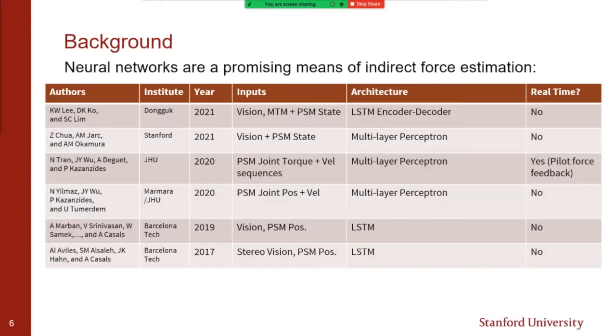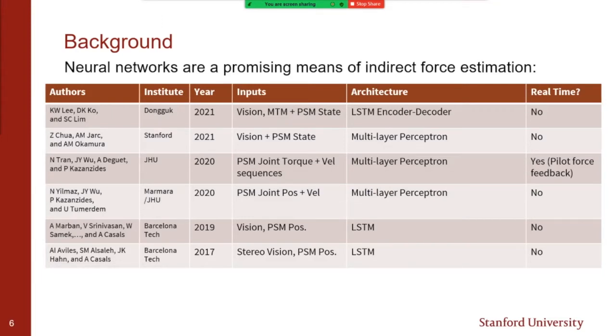Of the methods proposed for indirect force estimation, I think neural networks have recently gained a lot of interest in the community. Many of these methods have relied on offline evaluation to judge their accuracy. I think only recently have there been attempts to test these methods in real time and with human-in-the-loop haptic feedback.